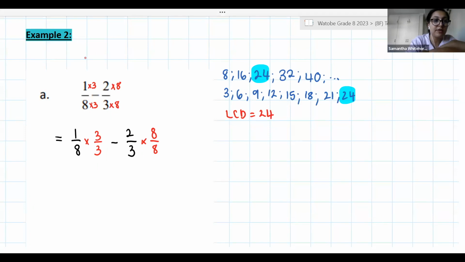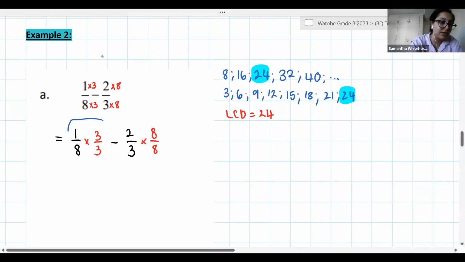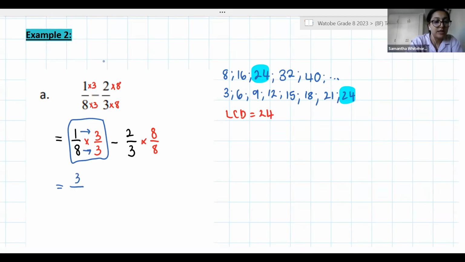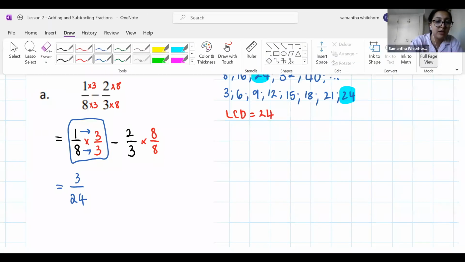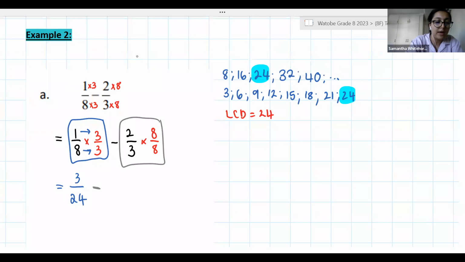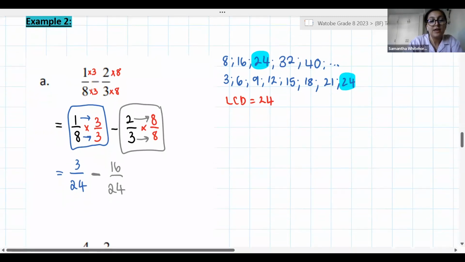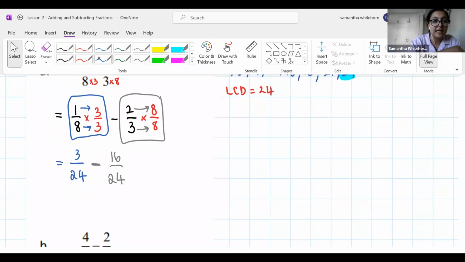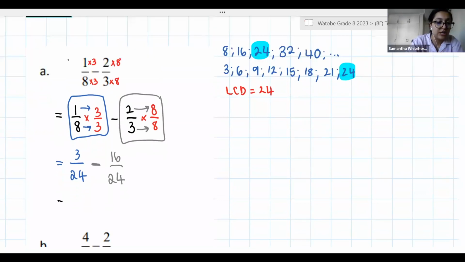If I look at my first multiplication, 1 times 3 is 3, 8 times 3 is 24. If I then look at my second multiplication, I've got a minus, 2 times 8 is 16, 3 times 8 is 24. Now that I've got my common denominator, I can simplify.